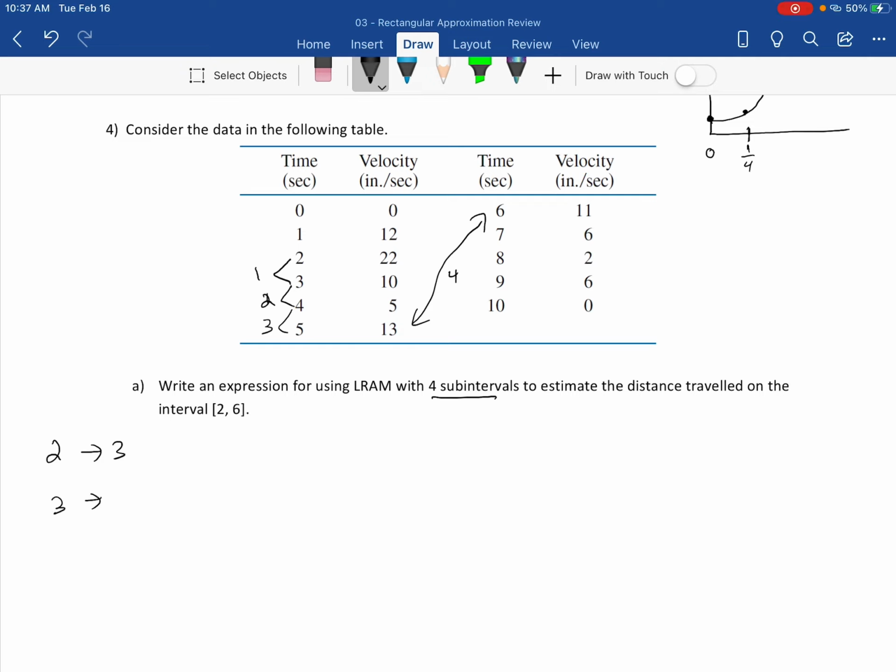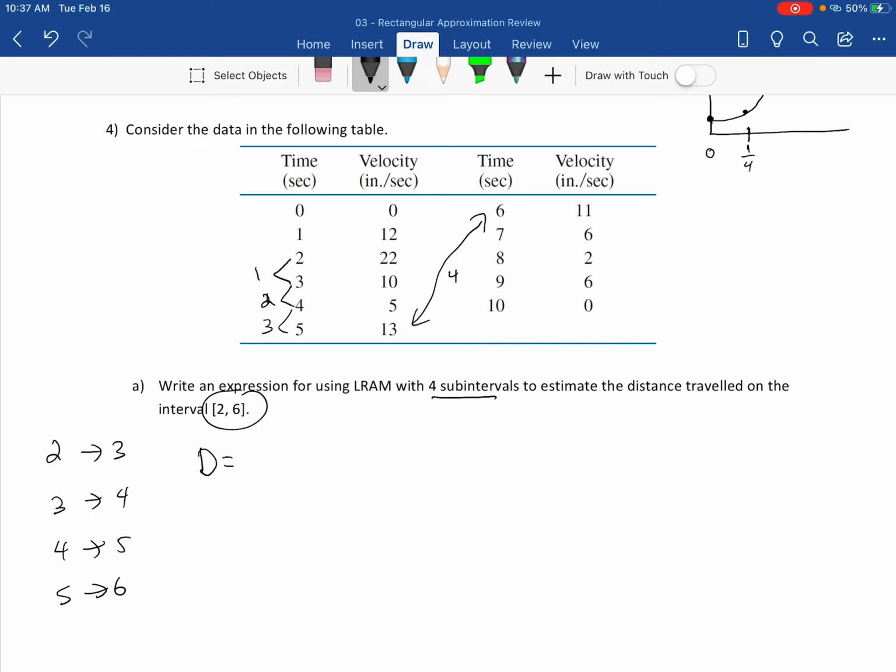Those are the 4 subintervals we're going to use to go from 2 to 6. Now, if we're using LRAM, that means we're going to use the left-hand side of the interval every time. So every time we go to an interval, we use the left-hand value to evaluate for that interval.